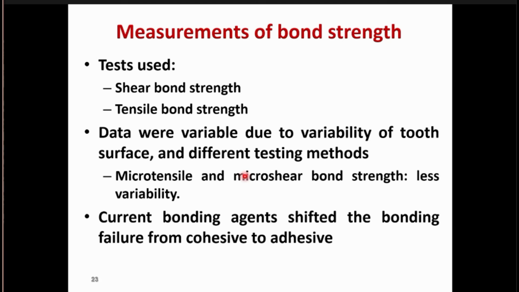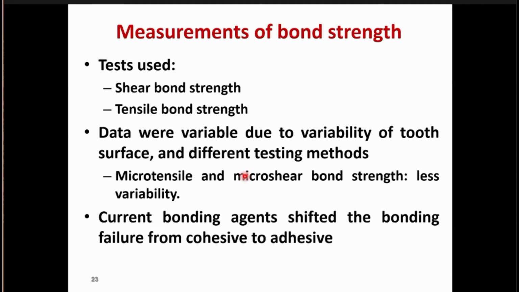So how do we test the adhesion? Whether we are getting good adhesion or bad adhesion, once we have different materials, we have to categorize which make a good bond or good adhesion with tooth structure. So we test the bond strength. We attach a material with tooth and we test how strong the bond is.